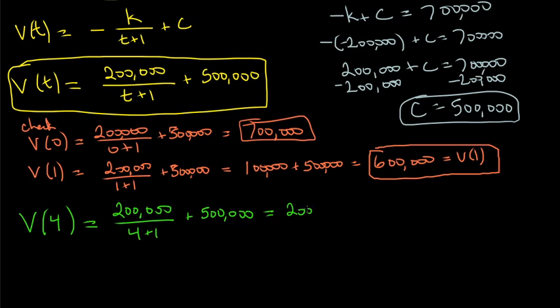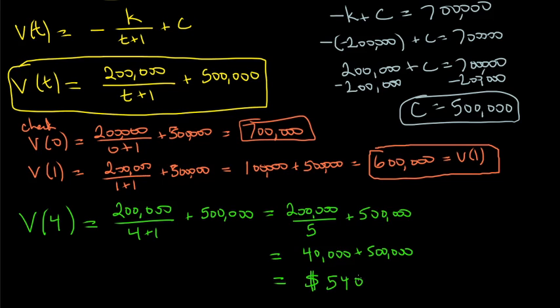So this is 200,000 divided by 5 plus 500,000. And 200,000 divided by 5 is 40,000, plus 500,000 gives us a grand total of $540,000.